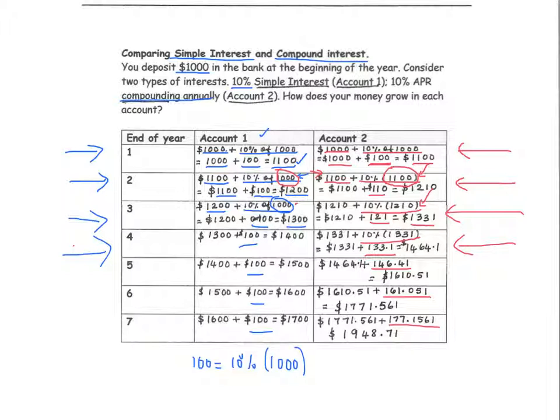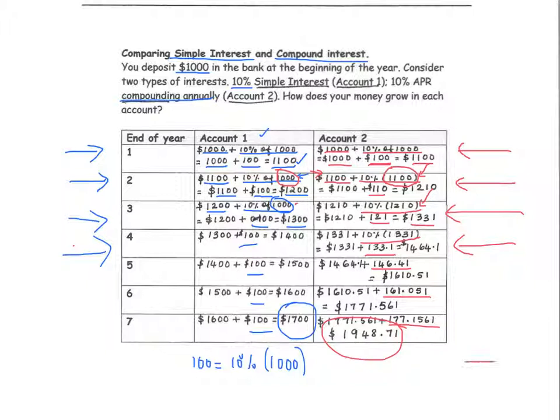If you look at the end result, in the case of simple interest, at the end of 7 years, we have $1,700. In the case of compound interest, at the end of 7 years, we have $1,948.71.